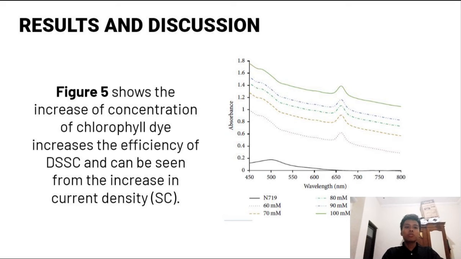On the titanium dioxide surface, this results in the formation of inactive dye molecules. Based on the results of this research, it has been determined that a concentration of 90 millimolar chlorophyll dye interacts well with the titanium dioxide surfaces due to its high dye loading value without having a substantial negative impact on inactive dye precipitation.